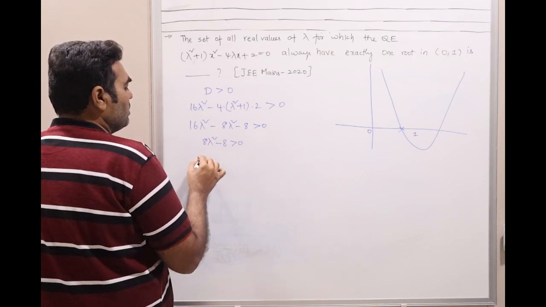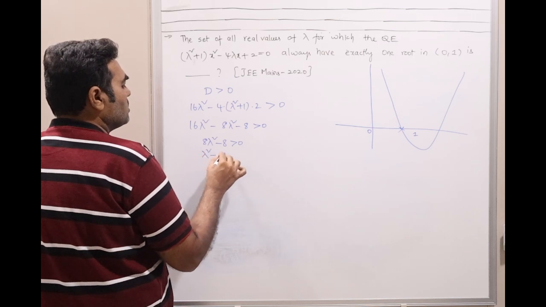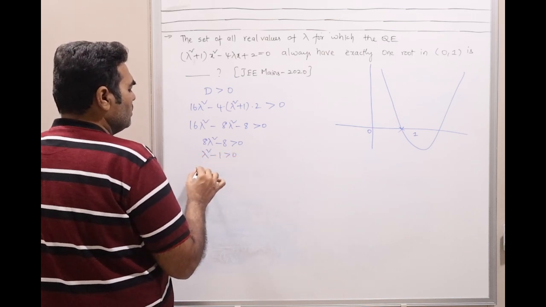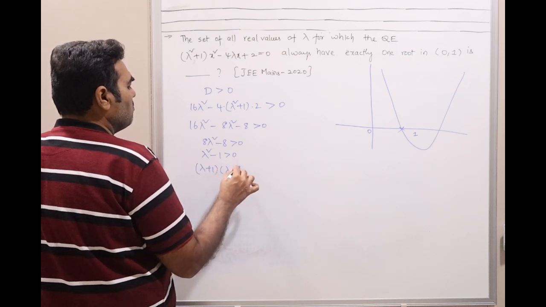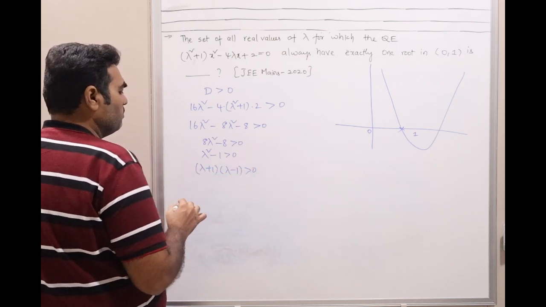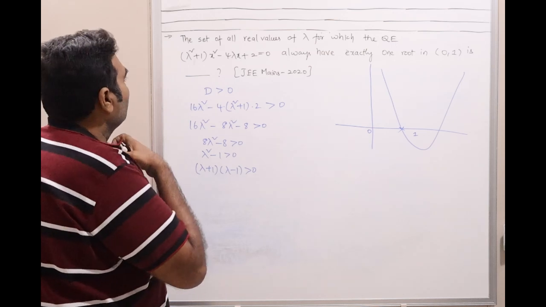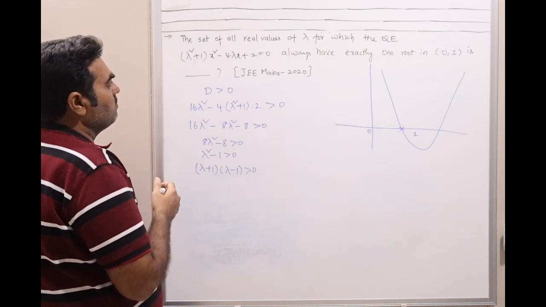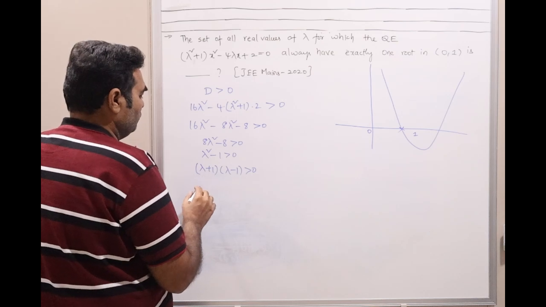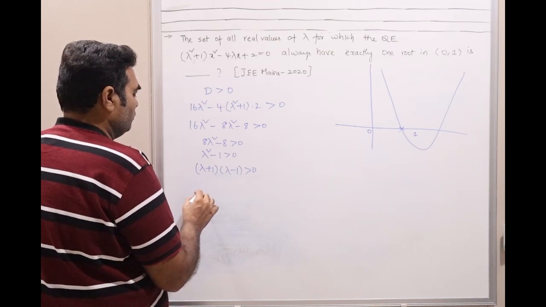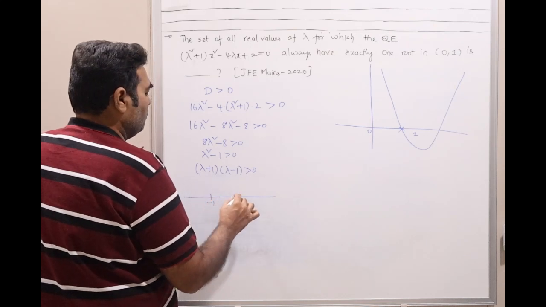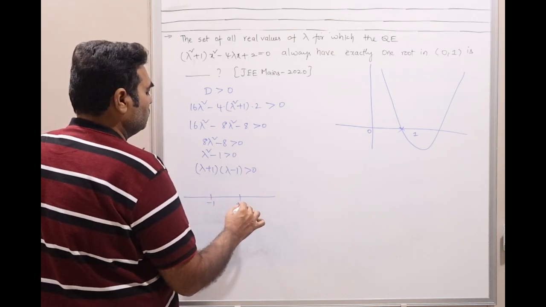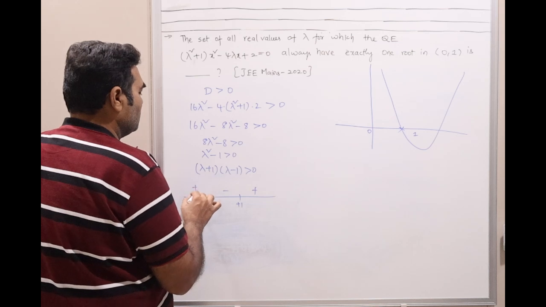So 8 we can take common. So lambda square minus 1 greater than 0. Now we have (lambda plus 1)(lambda minus 1) greater than 0. For this, once again we can apply the wavy curve. We have minus 1, plus 1, with signs plus, minus, plus.